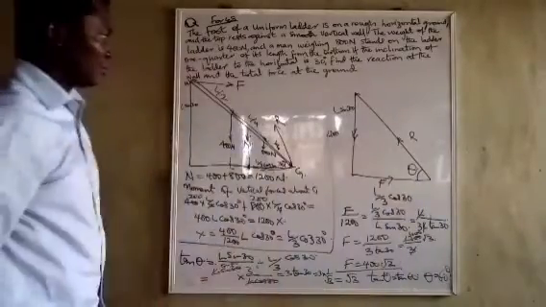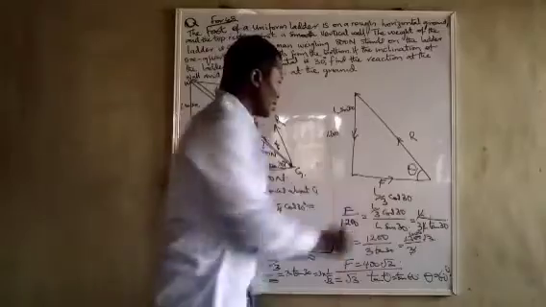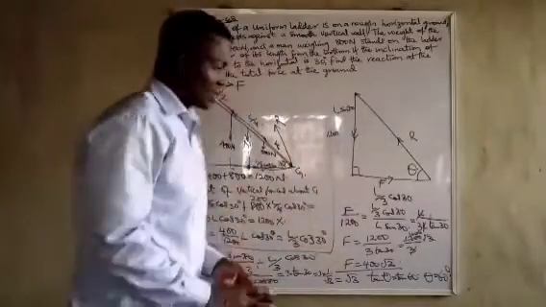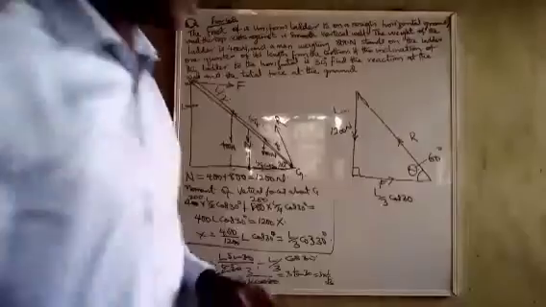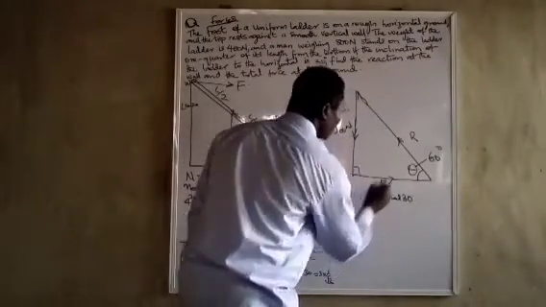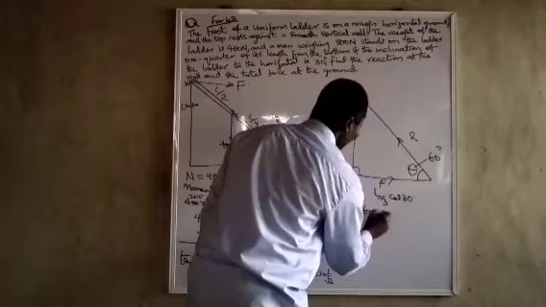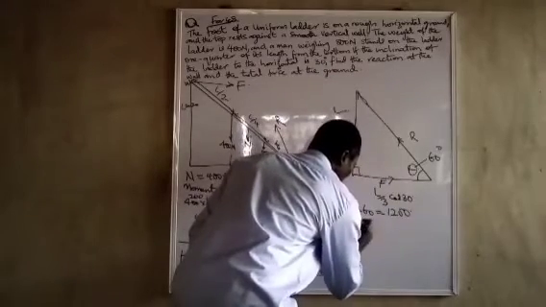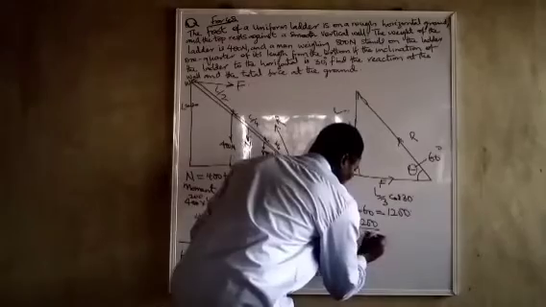So I can use any form now to get my R. I can use Pythagoras theorem, or I can just use this trigonometric ratio. Simple. Now I can find R by saying that R sine 60 is equal to 1200. Therefore, R is equal to 1200 over sine 60.